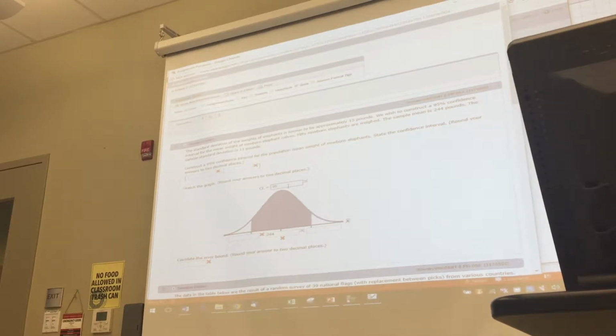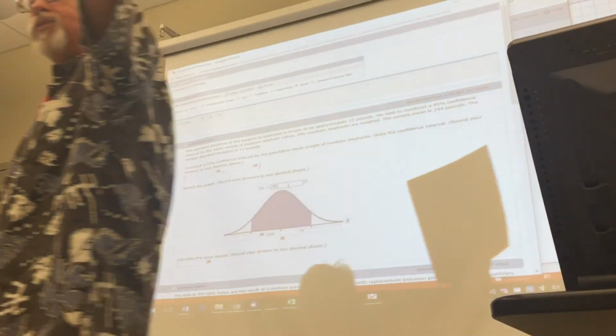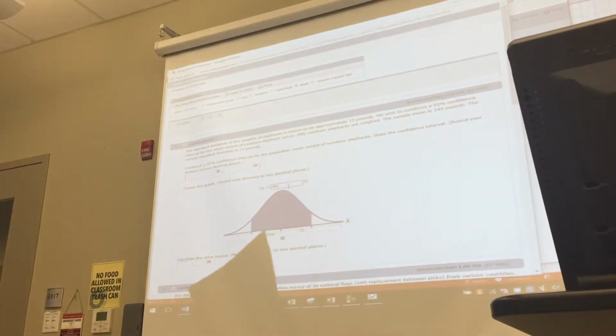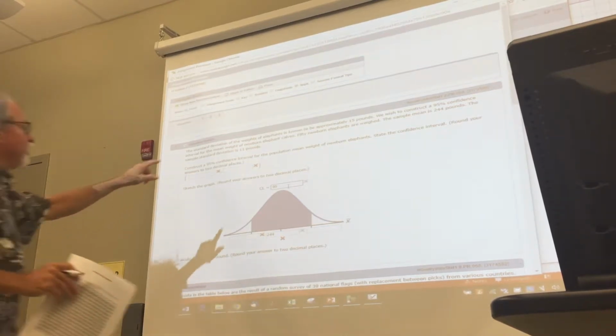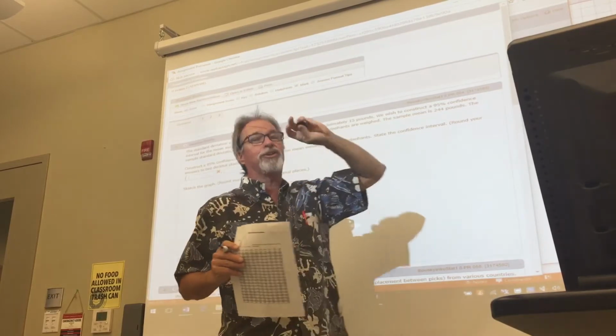So when I look that up real quick, 1.96. I just have to look that up in the table. Well, is the standard deviation of the population known or unknown?